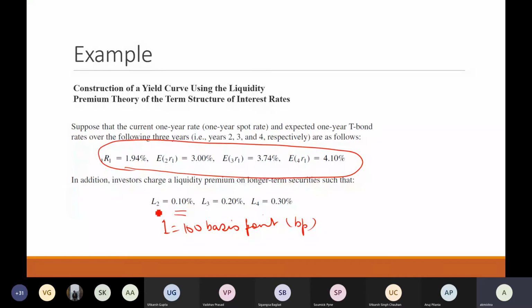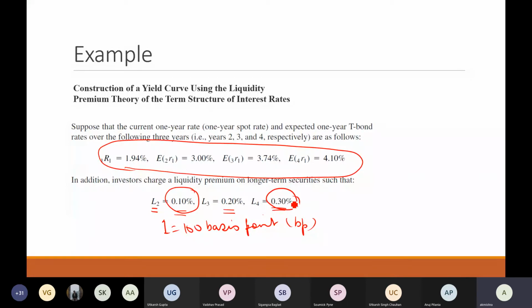So for the second year, the investor is demanding a 10 basis point liquidity premium. For the third year it is 20 basis points, and for the fourth year it is 30 basis points.